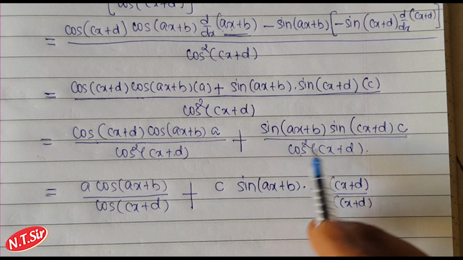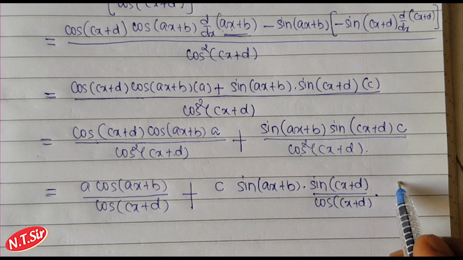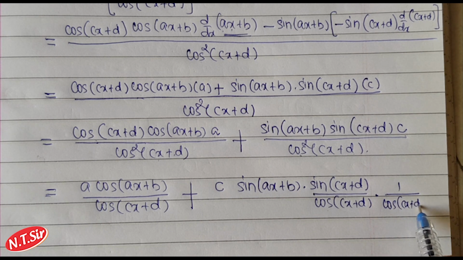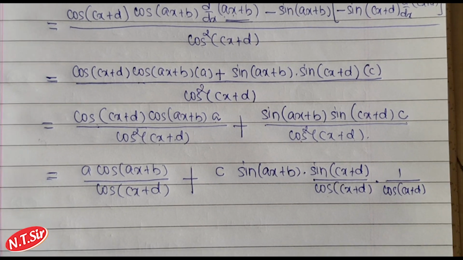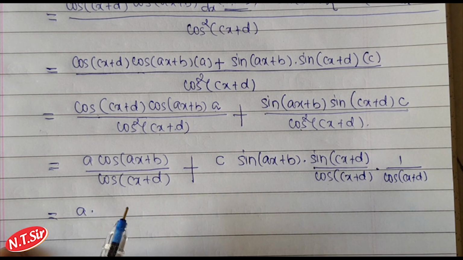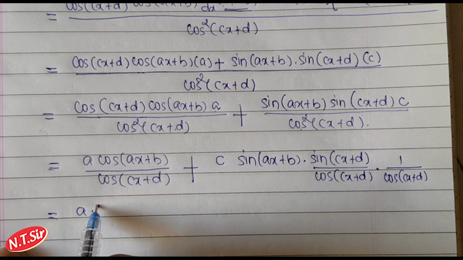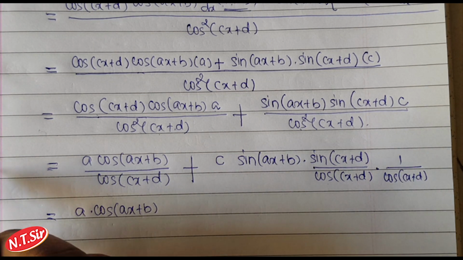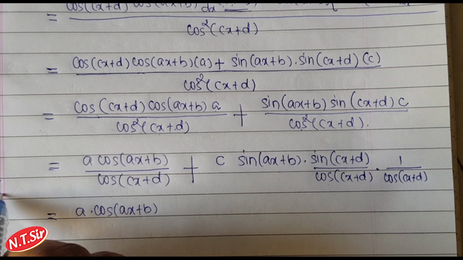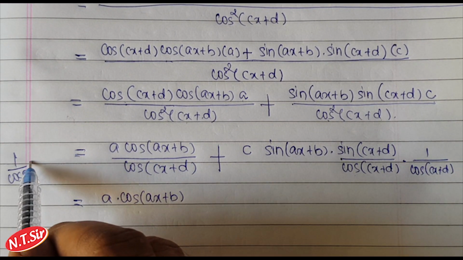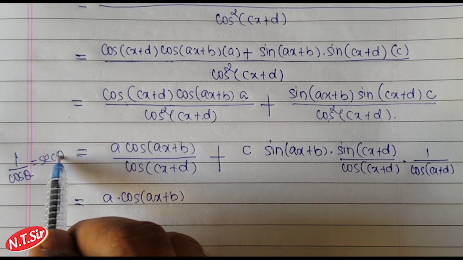Now this is cos square, so I am writing one cos here, so into 1 upon cos(cx plus d), right? So this is a into cos(ax plus b). Now you know that 1 upon cos theta is sec theta.